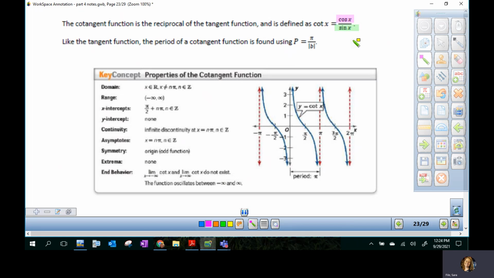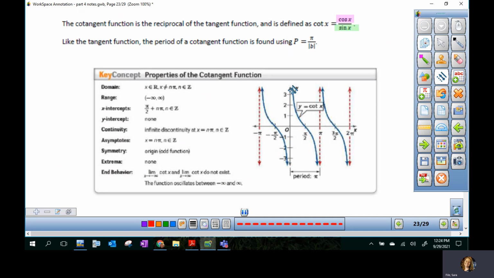Okay, your asymptotes and your zeros, your x-intercepts, switch. Because now the graph is undefined where sine is 0, and it's 0 where cosine is 0. Okay, so the asymptotes are now at 0, pi, 2 pi, 3 pi, etc. So the asymptotes are in a different spot.